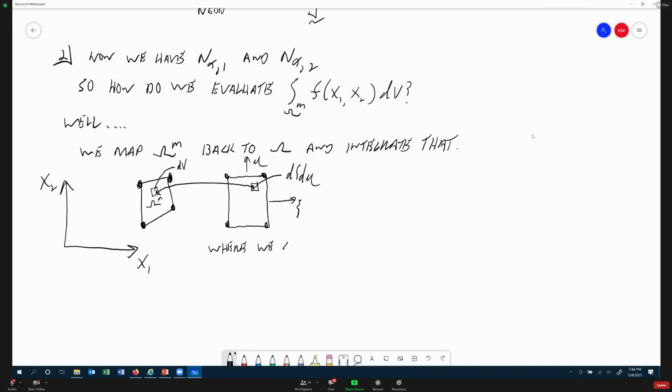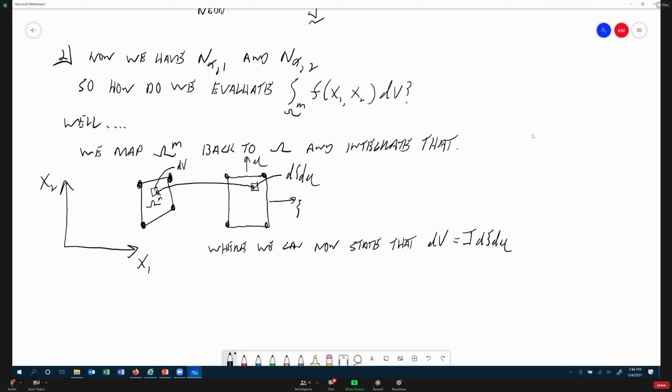Where we can now state that dV, the differential of our volume in our deformed state, is equal to our Jacobian times our differential element in our undeformed state.